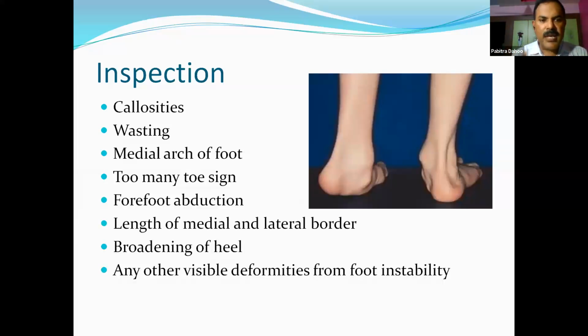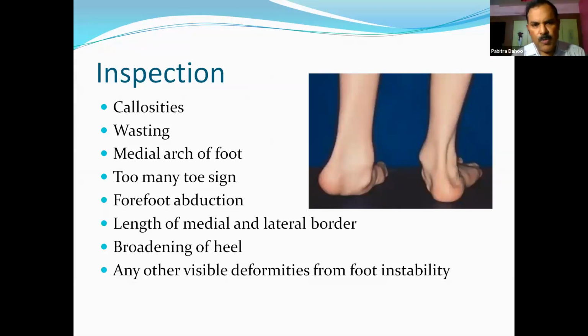Then what is the extent of forefoot abduction? Forefoot abduction indicates that there is external tibial torsion, foot is abducted. Then when you plan for any orthotic management for stabilizing foot and ankle, that must be taken care of. This abduction is occurring at the metatarsal joint. This abduction is occurring at the subtalar joint with eversion of the foot.